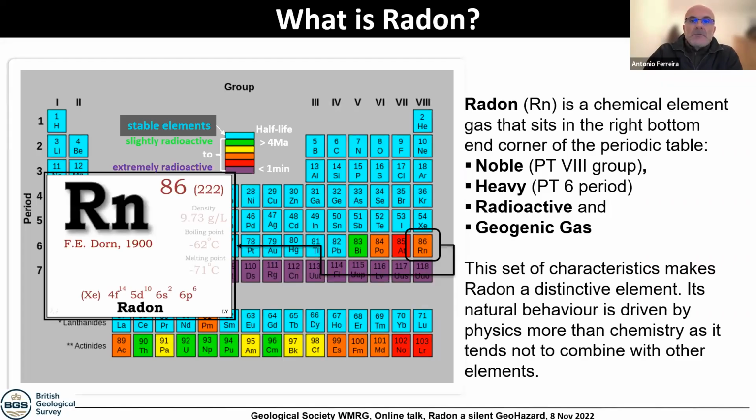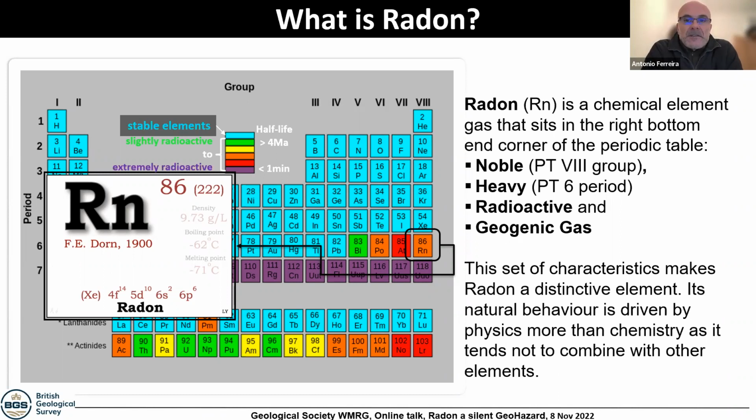What is radon? Radon is a chemical element, a gas, that sits in the right bottom corner of the periodic table. It's noble, it's heavy, it's radioactive, and it's geogenic.